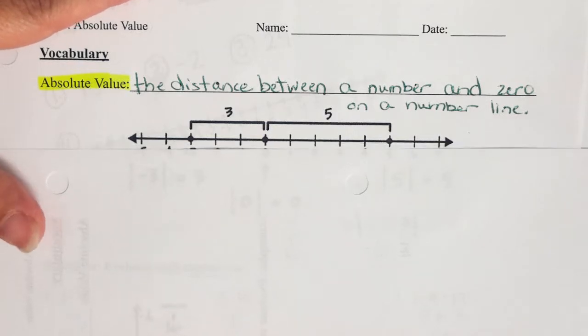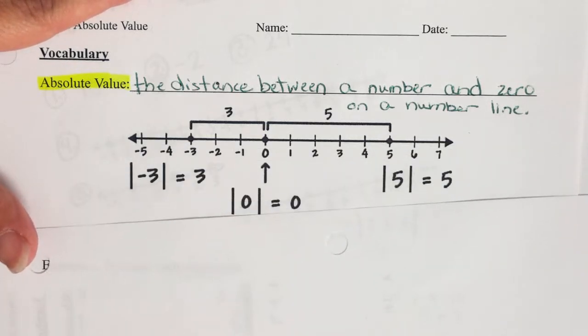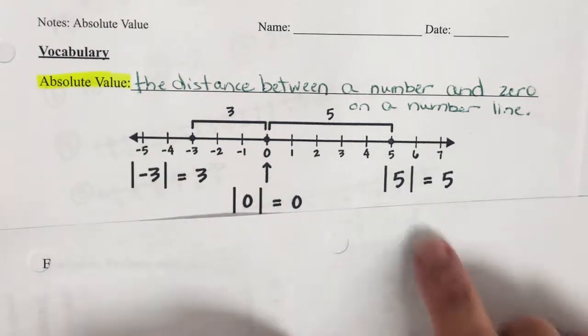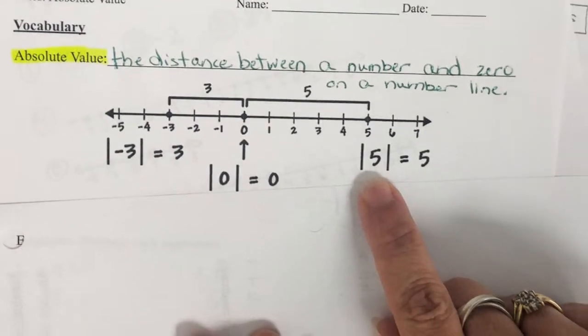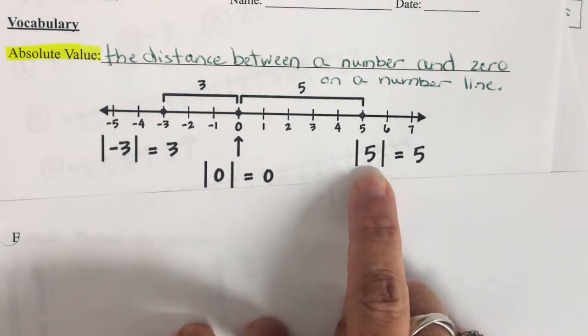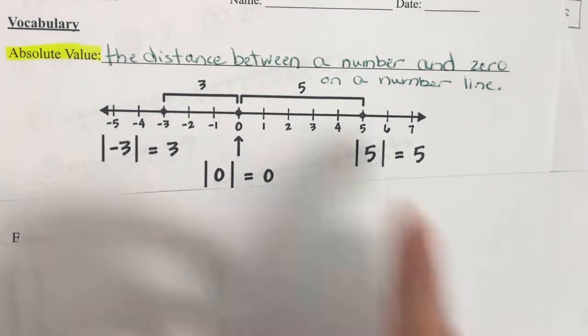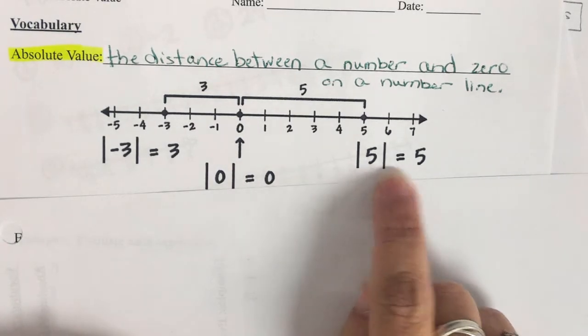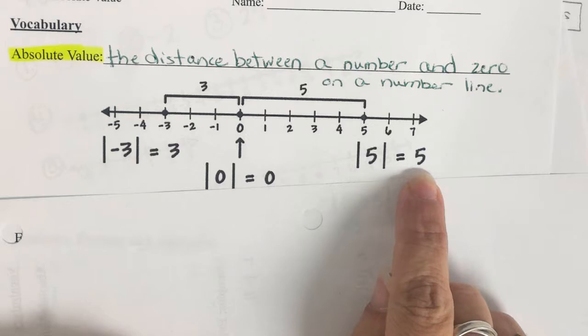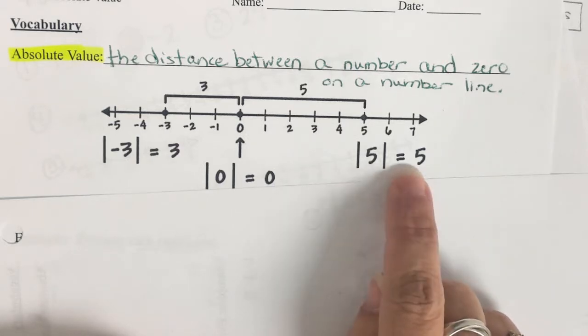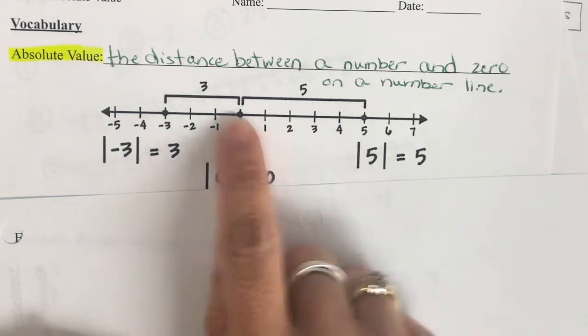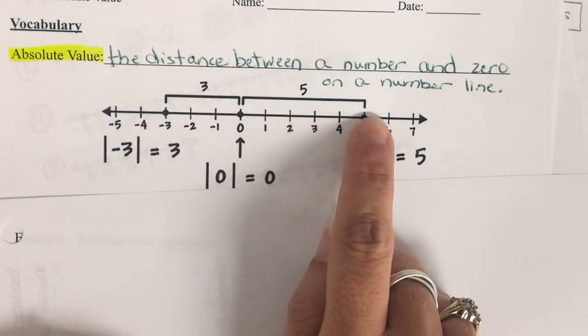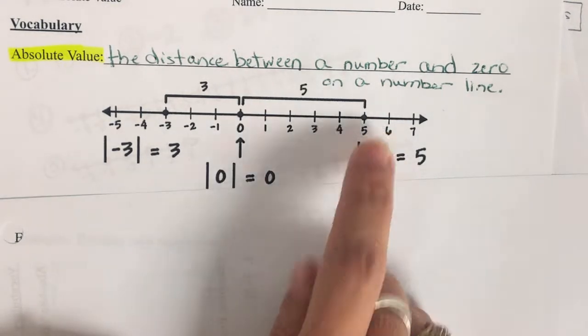Okay. So if I kind of go down to this. Like that 5, when they have the little brackets right there around a 5, those little bars. Those bars literally mean what is the absolute value of 5? Well, the absolute value is 5. It's kind of silly, like it just stays 5. Because how far is it from 0? 5 little jumps.